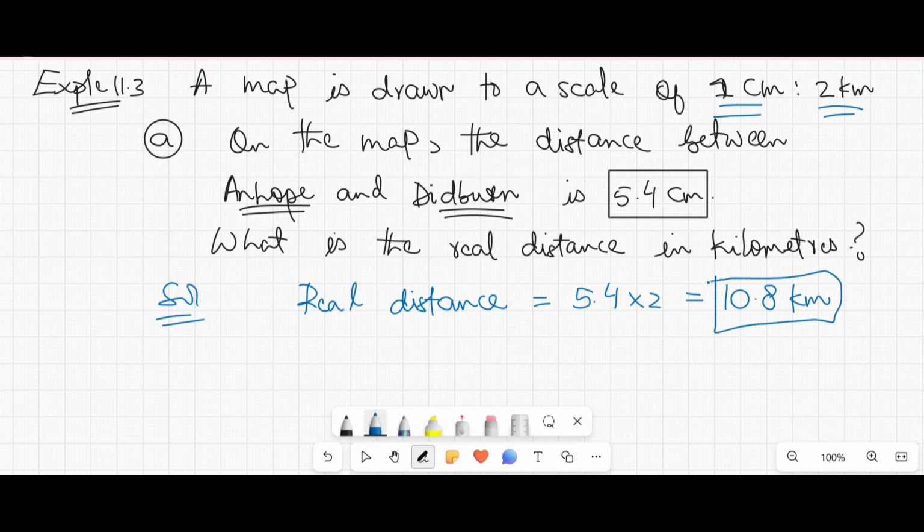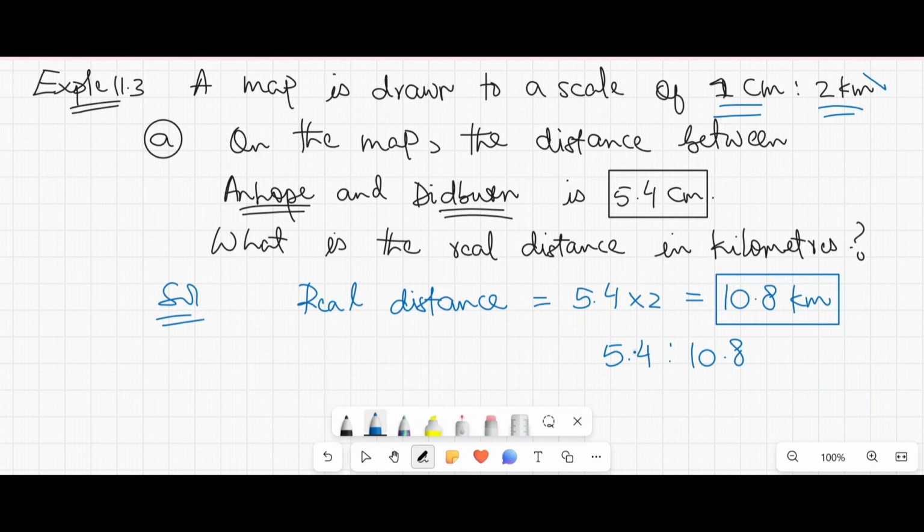So the ratio is 5.4 to 10.8. When you simplify this, you will get the original condition back.